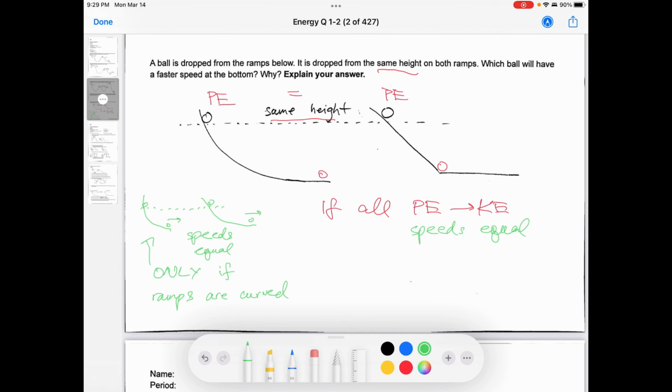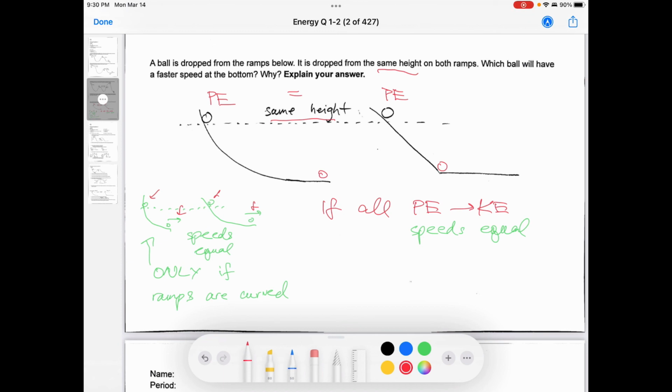And why is that? It's because in these ramps, no energy is being lost. So all the energy from the ball's height is converting into its speed. And so since the ball has the same height, no matter the shape of the curve, the ball will have the same speed at the bottom of the ramps.